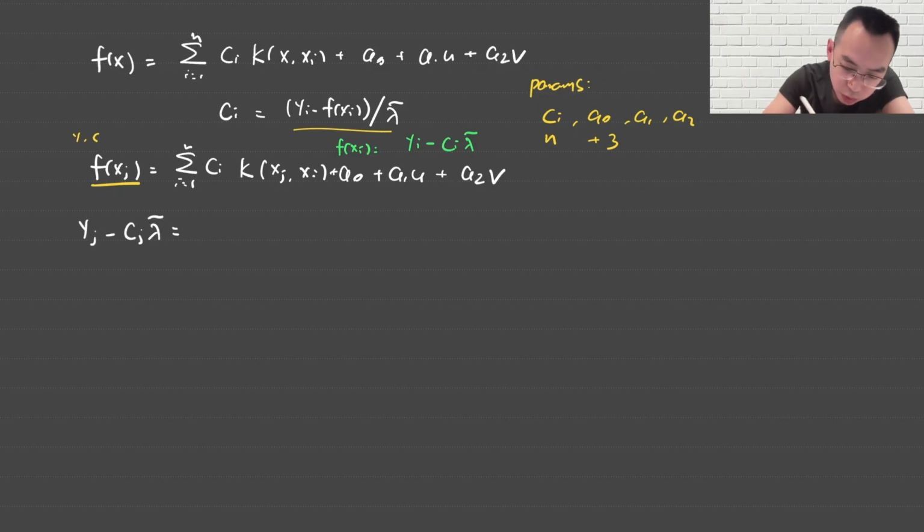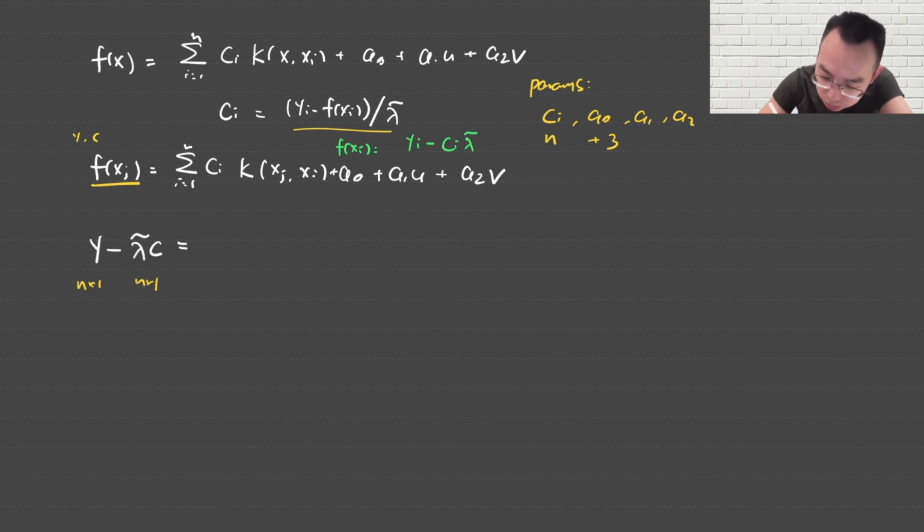Let me write out the matrix form directly for this. This side is going to be y minus lambda tilde c, right? This is an n by 1 vector. That equals this K matrix, a kernel matrix, times C. Remember the K matrix, where Kij equals the kernel of Xj, Xi.